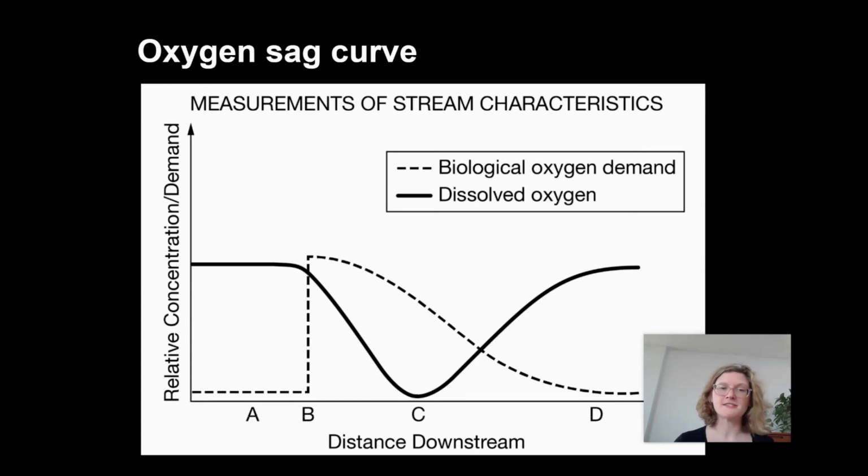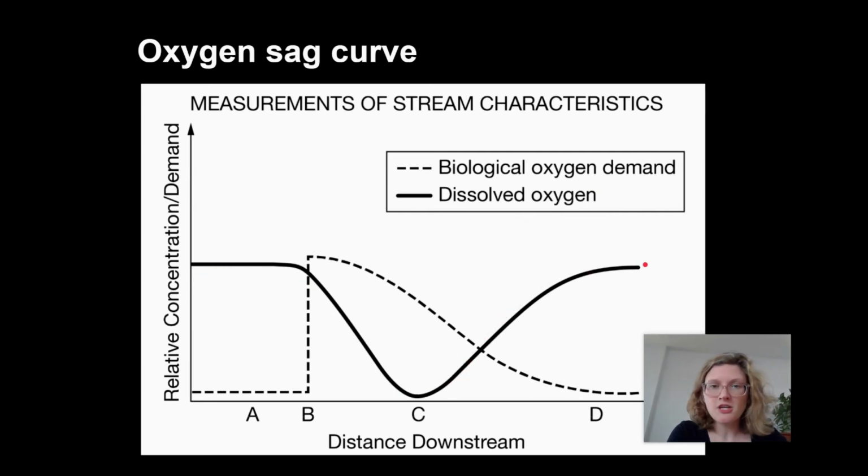We represent the process of eutrophication using a graph called an oxygen sag curve. On an oxygen sag curve, we have distance downstream on the x-axis. So this is upstream and water is flowing this way. And then we have on the y-axis the relative concentration or demand of two different quantities. The first one is dissolved oxygen, which is represented here by a solid line.